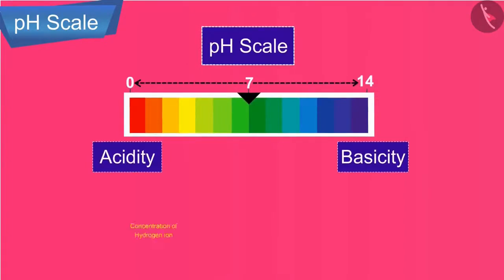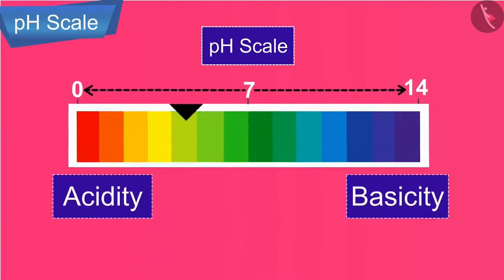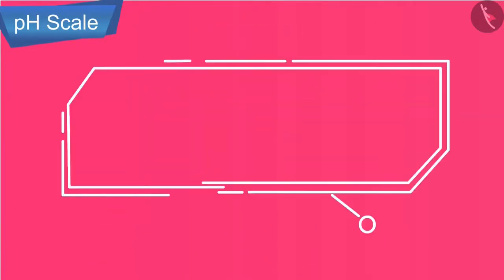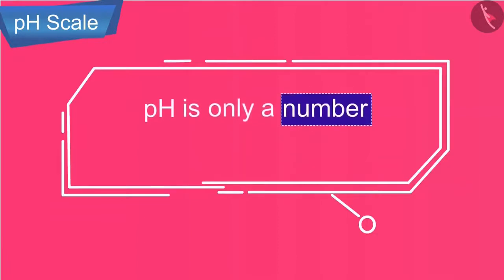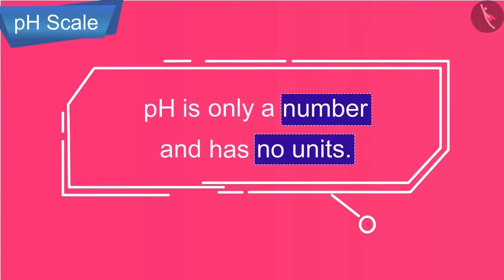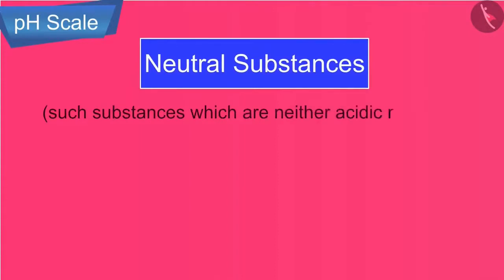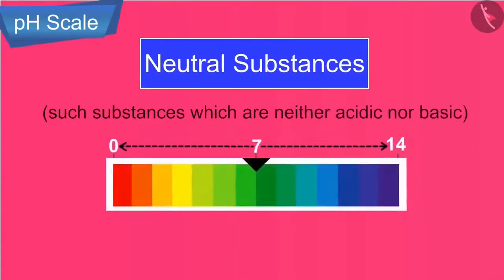In simple language, pH should be seen as a number that represents the acidity or basicity of a solution. The higher the concentration of hydrogen ions, the lower its pH. It is important to note that pH is only a number and has no units. You should also know that neutral substances, which are neither acidic nor basic, have a pH of exactly 7.